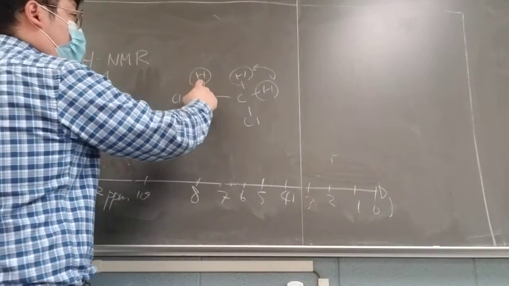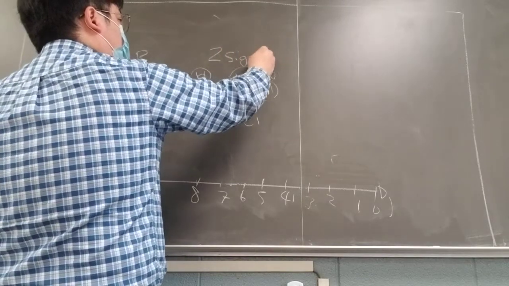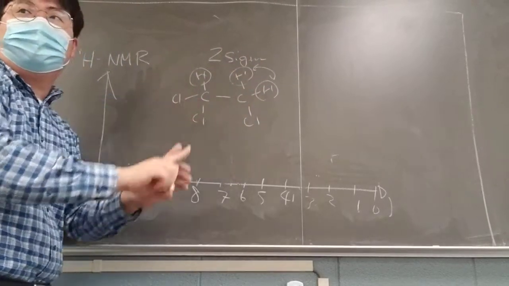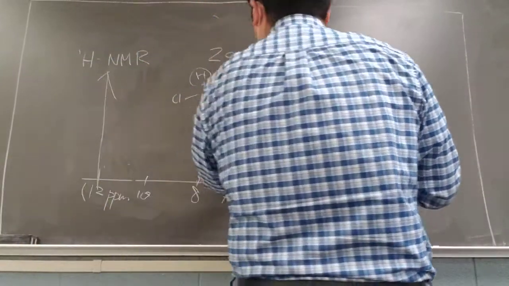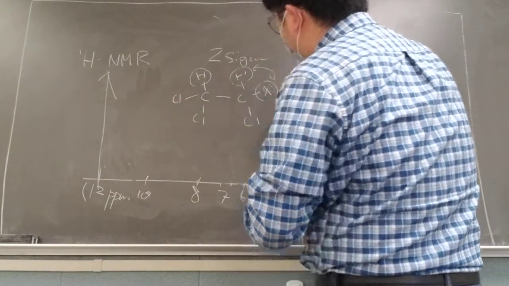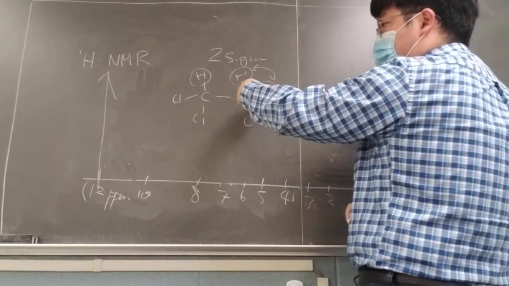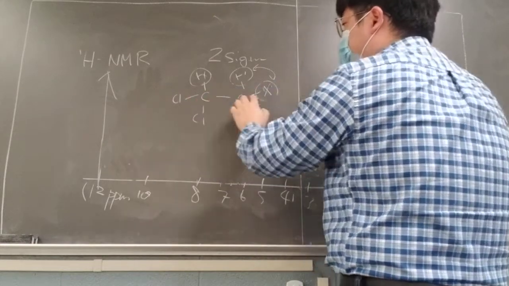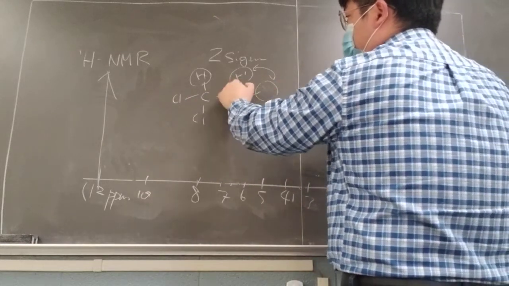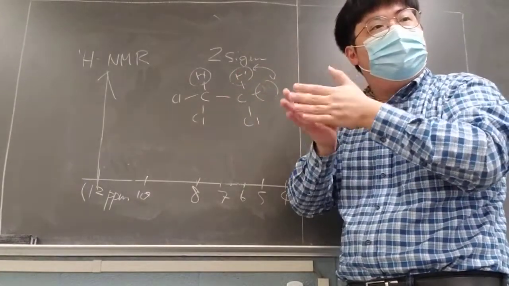So there are three protons, but there are still two signals, because these two will be in the same position. If you switch this one to X or this one to X, they will be mirror images of each other, so it is still the same signal.